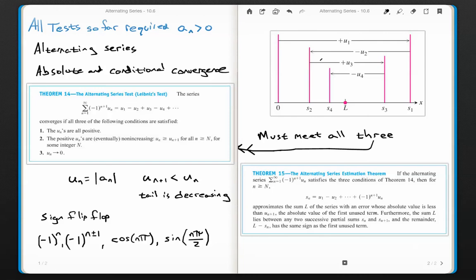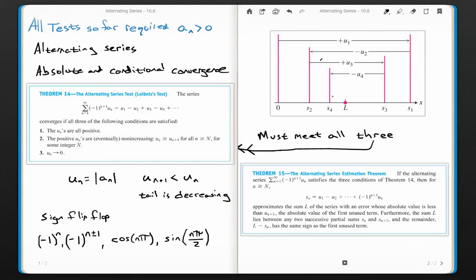And the absolute value of the error, so how far am I from the actual L, will be less than the next term. That means if I stop at partial sum 4, then the absolute value of the error is less than this next increment here.